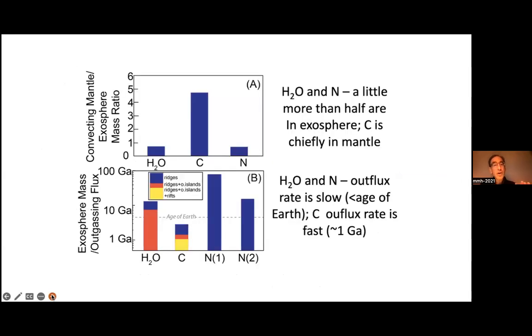All right, so about subequal amounts of water in the interior and on the surface, subequal amounts of nitrogen, far more carbon in the interior than there is on the surface. Most of Earth's carbon is in the bulk silicate Earth, still in the mantle, by a factor of 4 or 5. This is a bit of a surprise.